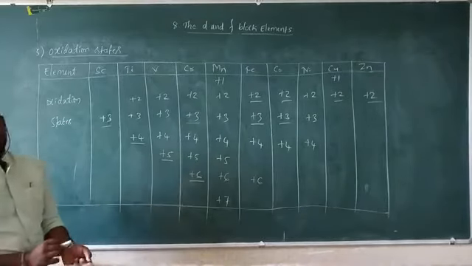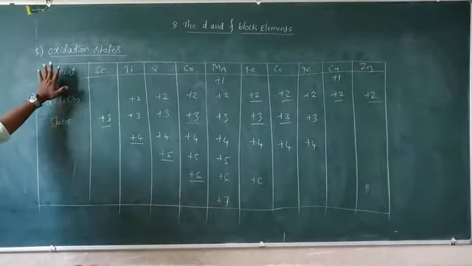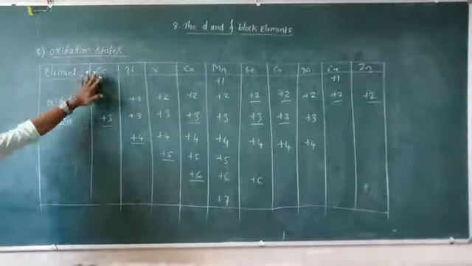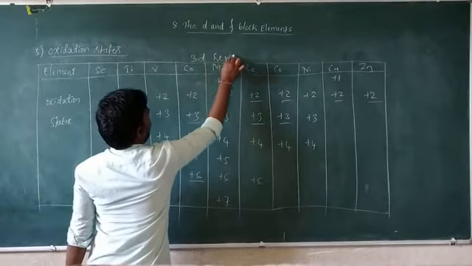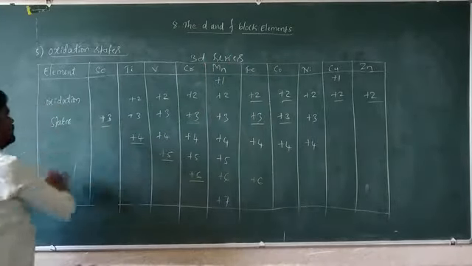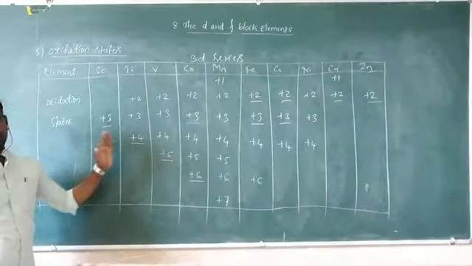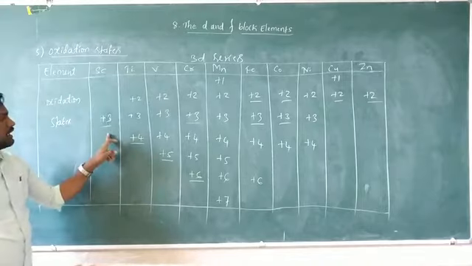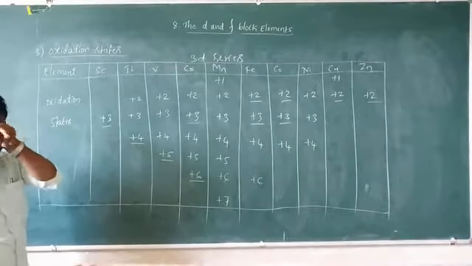Next, general properties: oxidation states of d block elements. These are elements from the 3d series and their different oxidation states. Scandium shows +3 oxidation state.